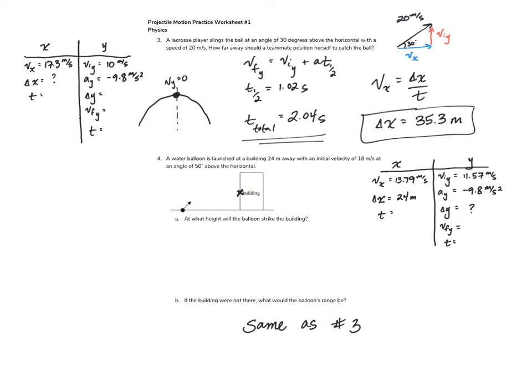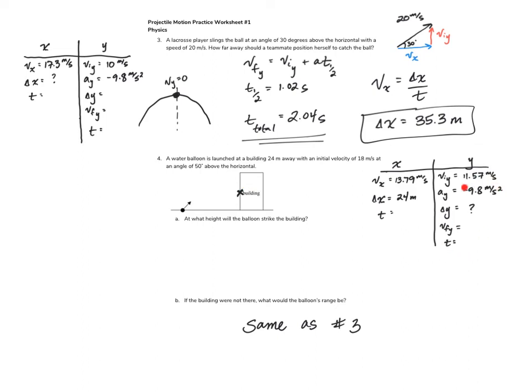Okay, so we cannot make the assumption here that this balloon is striking the building at the peak. We need to figure out first how much time it takes for the balloon to get to the building to then find where it strikes the building, okay?